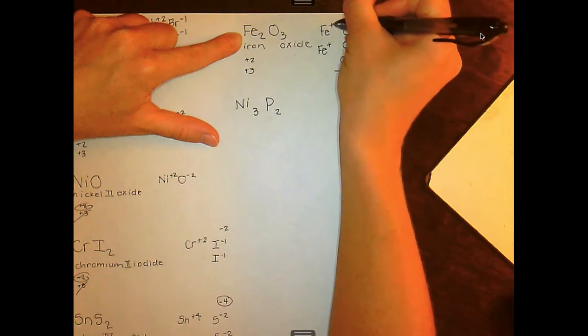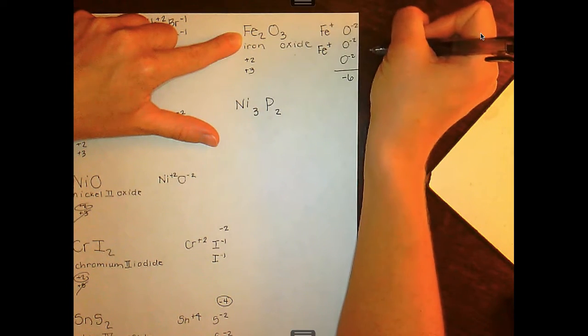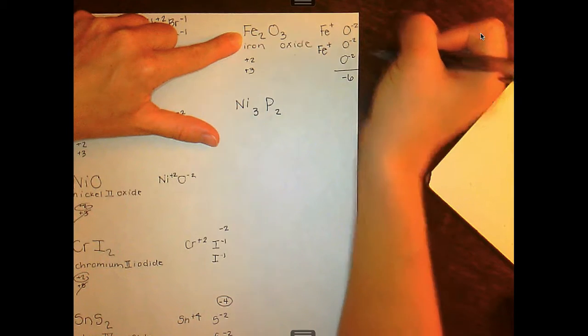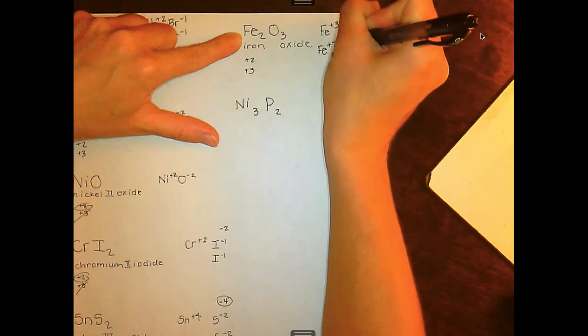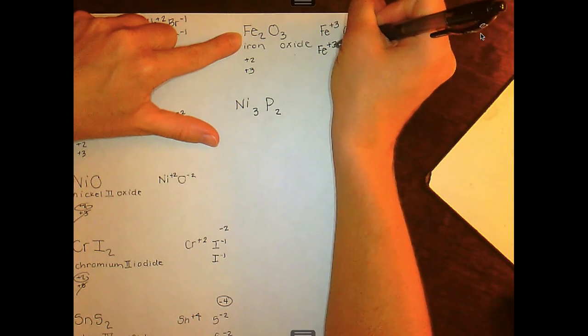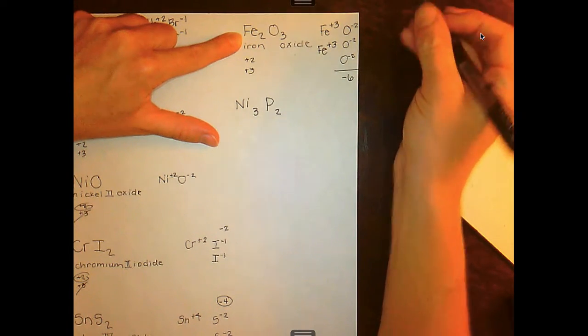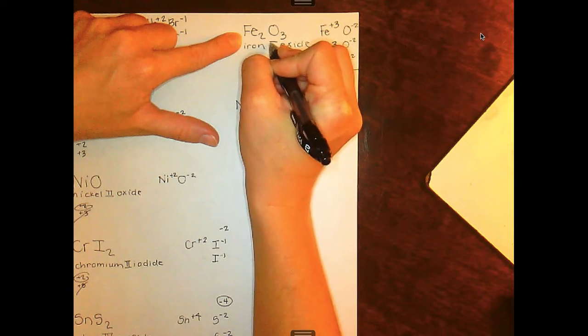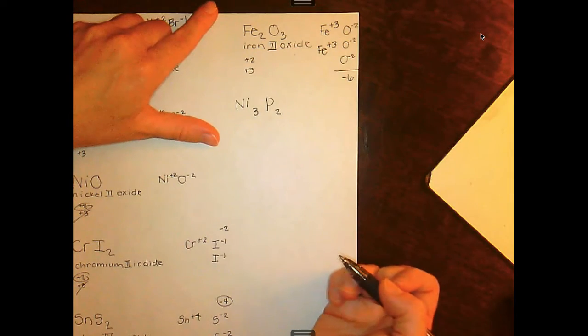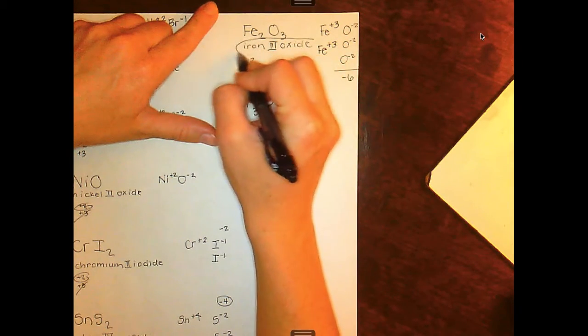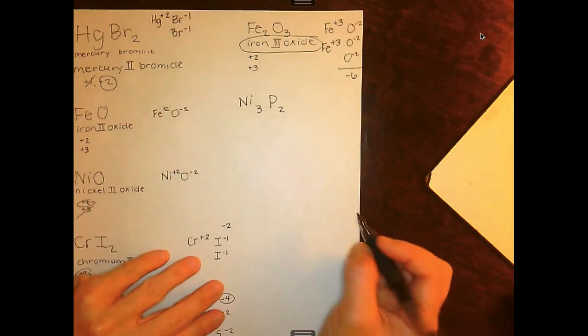This is -6. What has to be the charge on these iron atoms in order to cancel out with that -6? A +3 on each one, because +3 and +3 would be +6. +6 and -6 would cancel each other out. So here's a case where we have iron 3 oxide. And again, you will see that one multiple times.